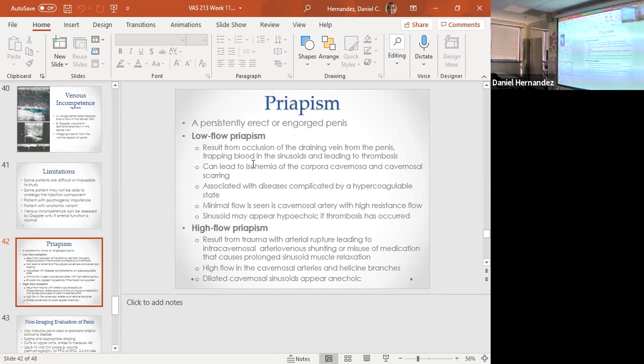It can also lead to ischemia of the corpus cavernosa and cavernosal scarring, associated with diseases complicated by a hypercoagulable state. With this condition, there's minimal flow seen in the cavernosal artery with high resistant flow. The sinusoids may appear hypoechoic if thrombosis has occurred.